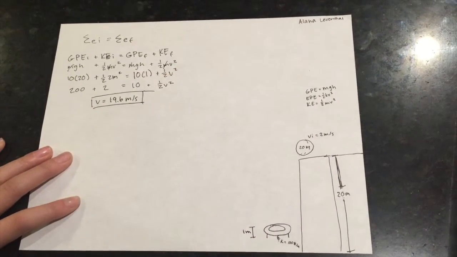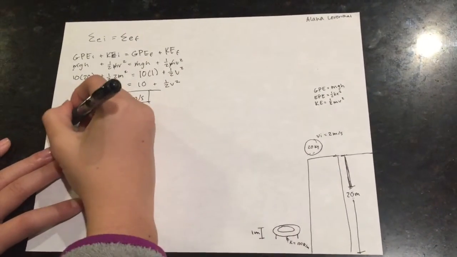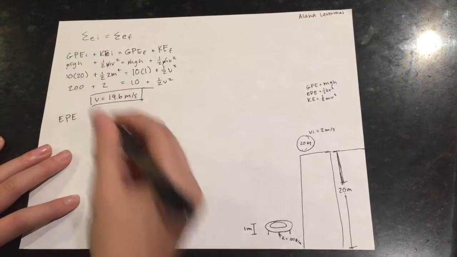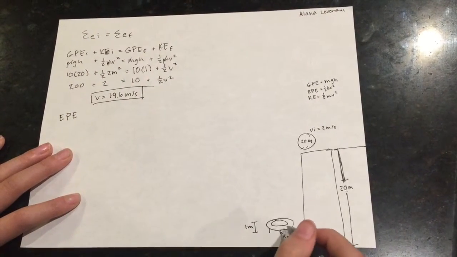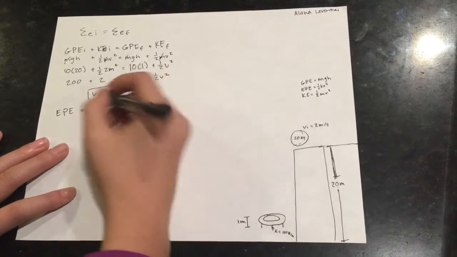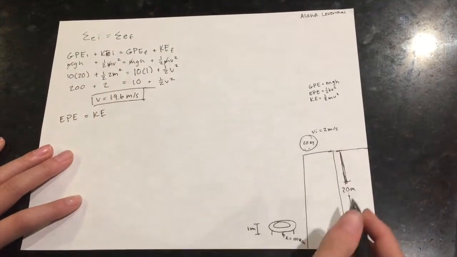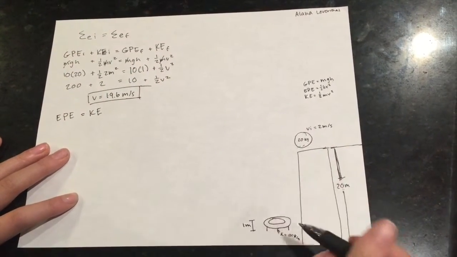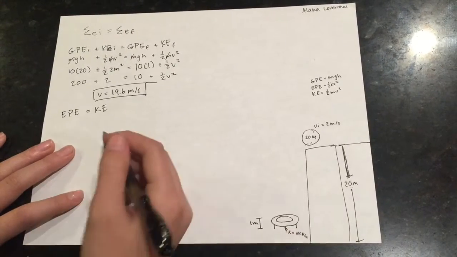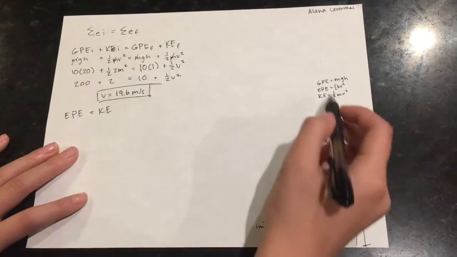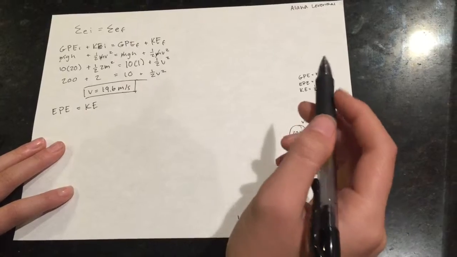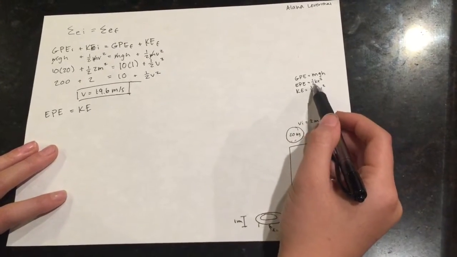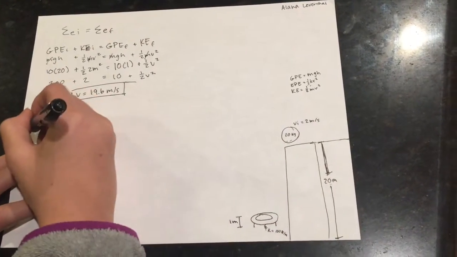So now we want to take the elastic potential energy of the spring in the trampoline and set that equal to the kinetic energy of the ball when it hits the trampoline. The elastic potential energy equation is 1/2 kx squared.